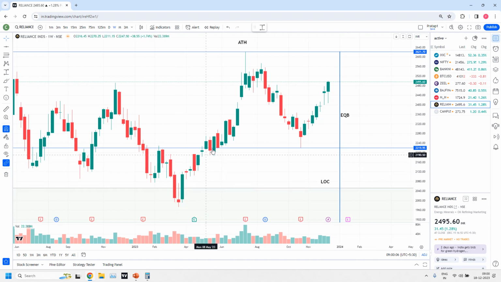See, currently the price has entered all-time high. Probably by the time prices reach here, the trend would have been an uptrend. How do you identify? Based on zone violation or based on higher highs, higher lows, lower highs, lower lows. One of these techniques you can follow.